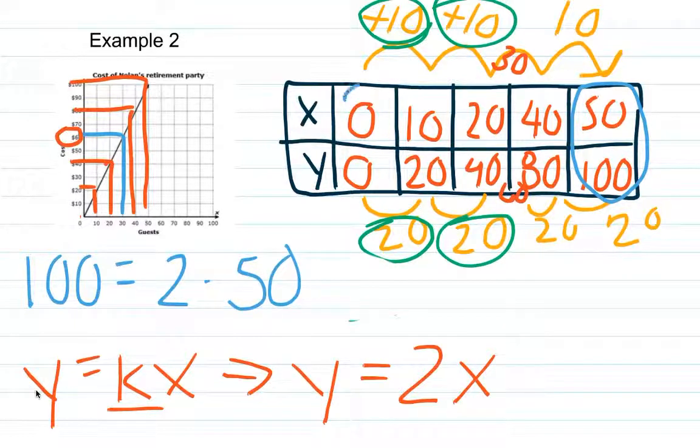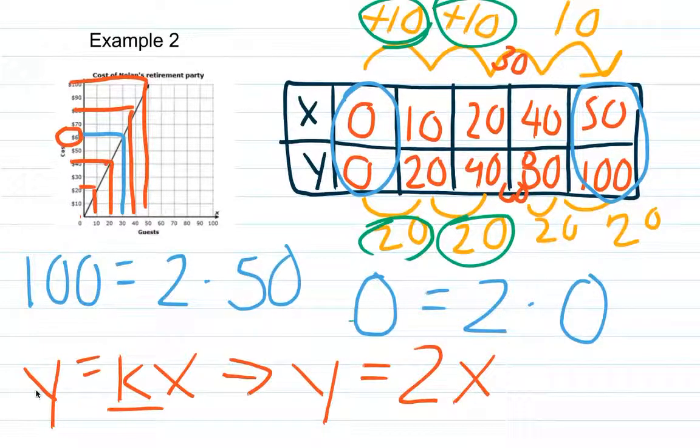And I'll do one more, actually pick 0, 0. Y, oops, I know y is 0. Y is 0 equals 2 times 0, and anything times 0 is 0, so yes, that is correct.